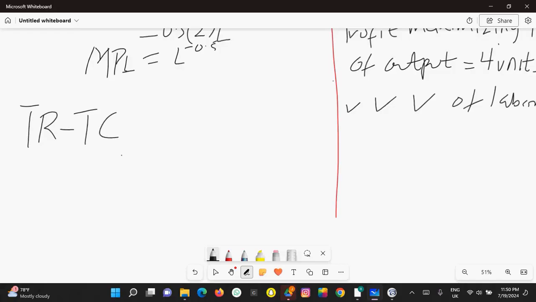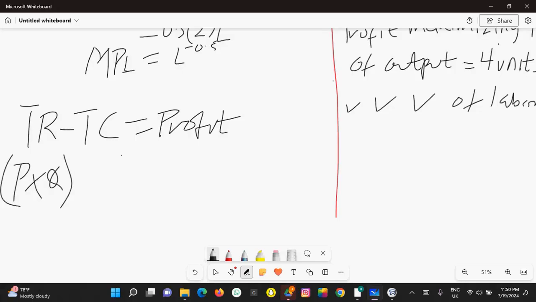So we have to look for total revenue and then total cost before we can find our profit in this equation. So total revenue now here is P times Q, right? Price times quantity is giving us our total revenue. Where total cost is fixed cost plus total variable cost, right?